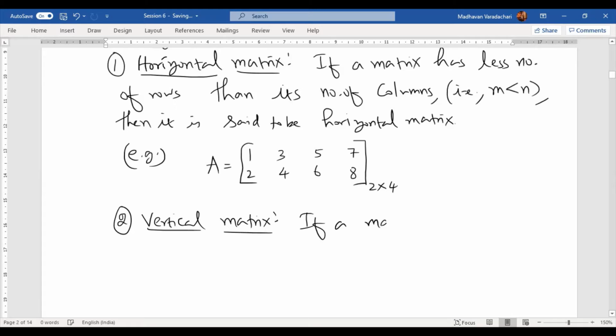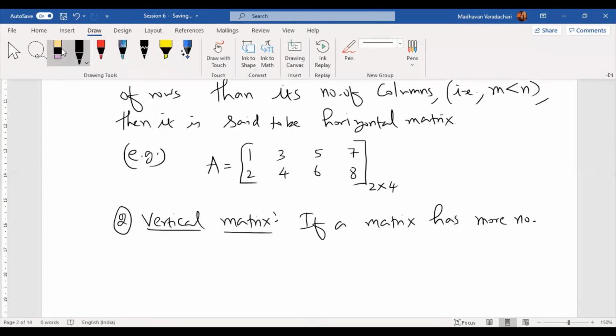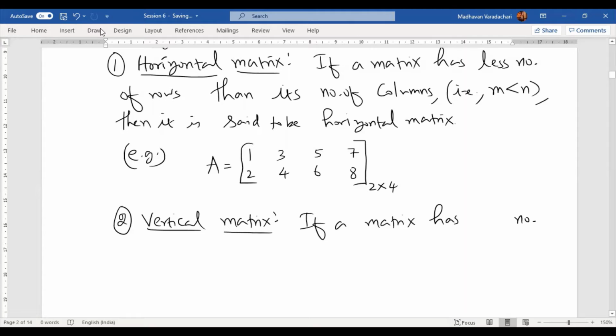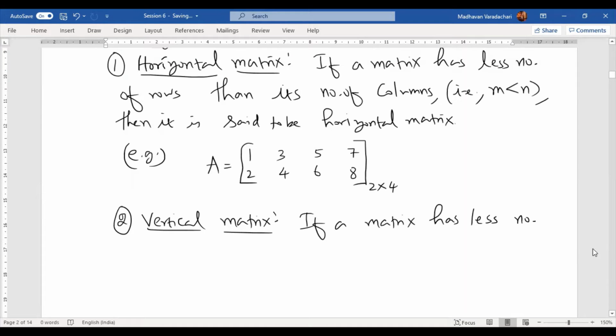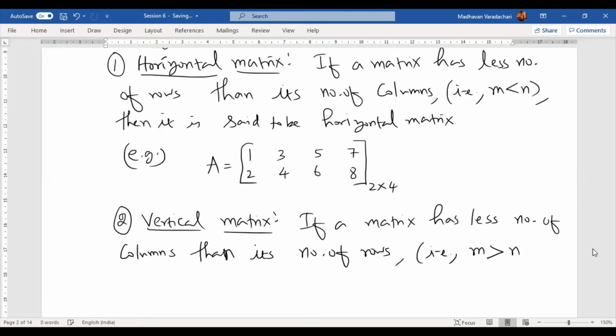If a matrix has more number of rows, or I can put it this way, if a matrix has less number of columns than its number of rows, that is m larger than n, means number of rows are more than number of columns, then it is said to be vertical matrix.